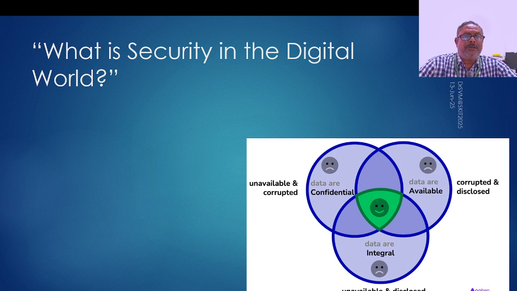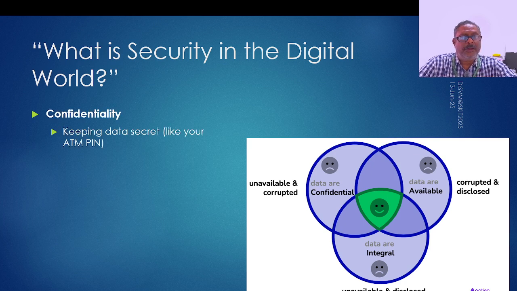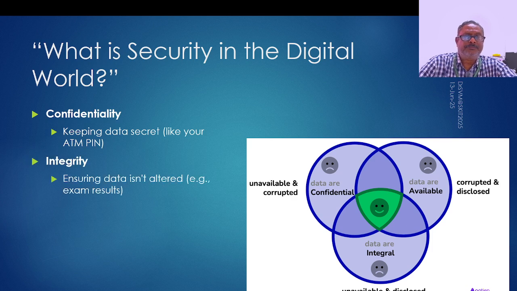Coming to security, we are mainly worried about information and network security. In this, we are only worried about the digital world. So what exactly does security in the digital world mean? In the digital world, security has 3 issues. One is confidentiality, the ability to keep the data secret.